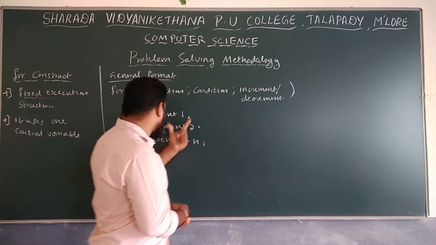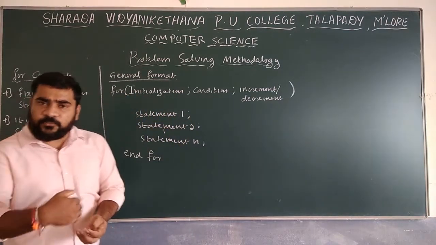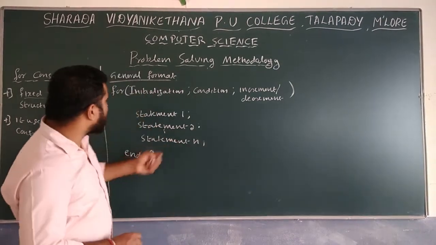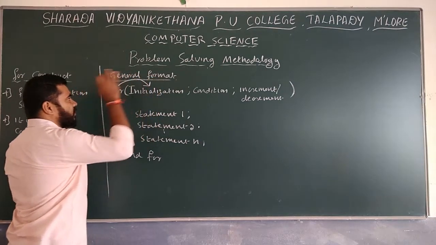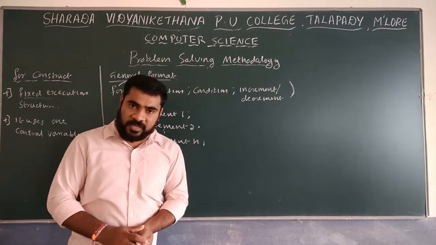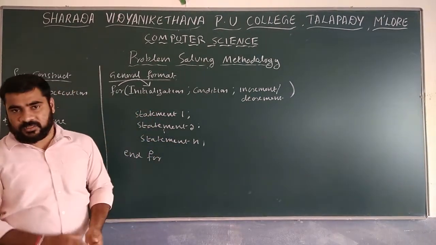Then it is the statements. But how is this for loop going to execute? When you refer to the for loop, first the control is going to initialize; the initial value will be given for the variables.